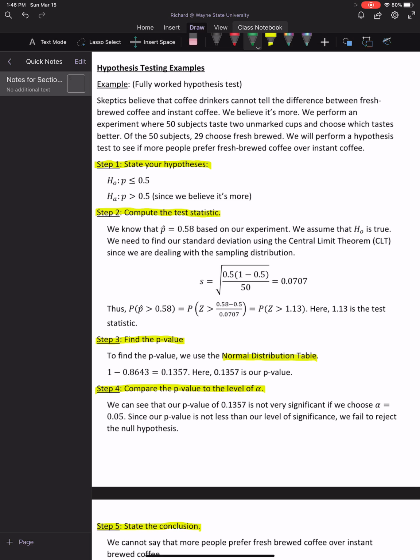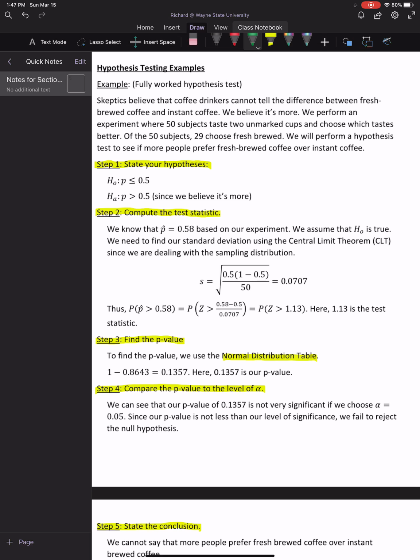Now in this case, it's a little hard to understand why we're using 0.5, right? It doesn't mention 0.5 anywhere in here, but you've got to think about this. We've got 2 different cups of coffee, fresh brewed and instant coffee. If 50% of people prefer each, then there's not much of a change, right? 50% and 50% is even.